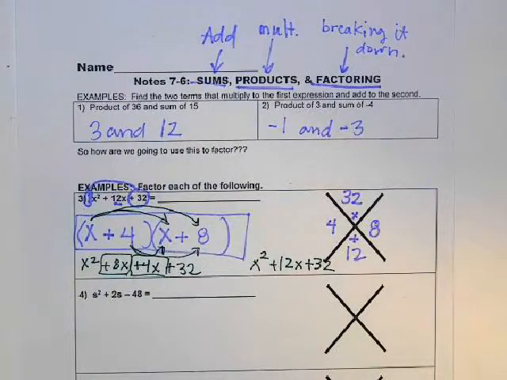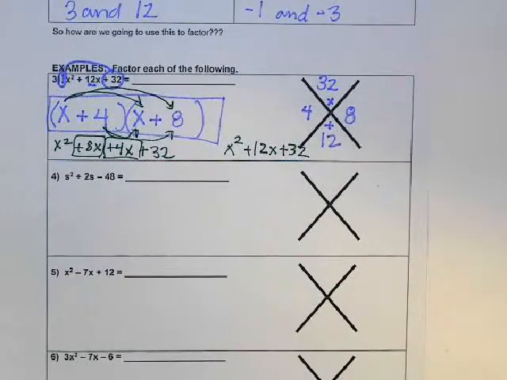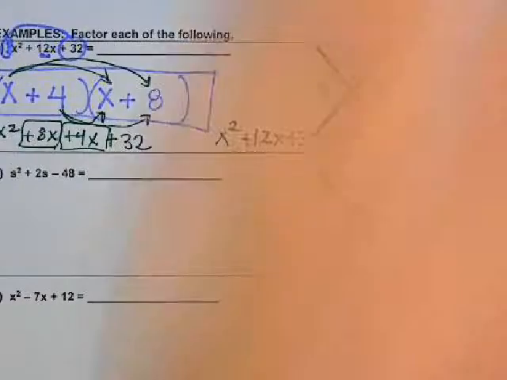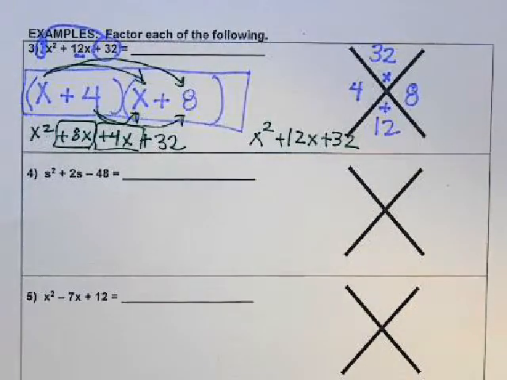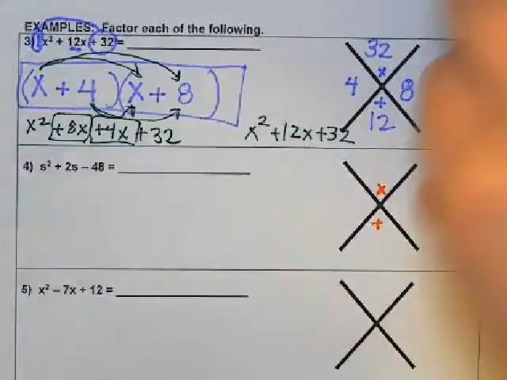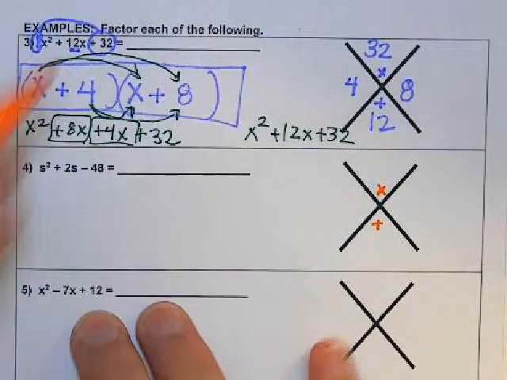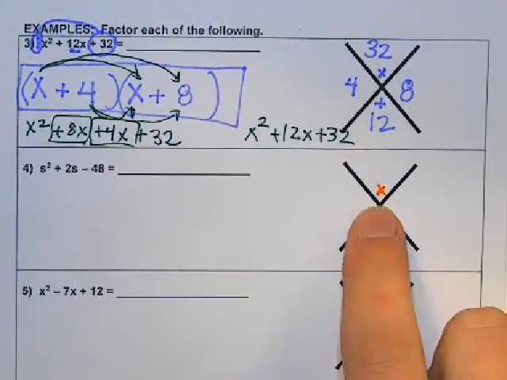Look at number 4. I know that I'm factoring, so I've got to fill out my X. If your X isn't drawn, you draw a big X and you do multiply and add. How do I find the top multiply number?